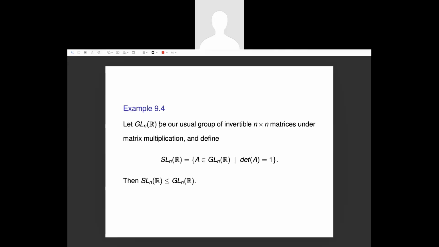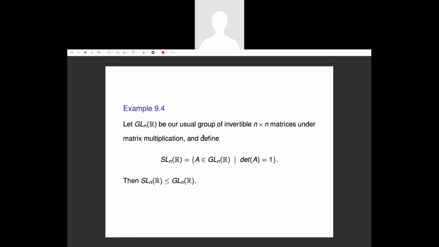Clearly SLnR is a subset of GLnR, because GLnR is a collection of all invertible matrices where determinant of A is not equal to 0, but SLnR is a collection of those matrices where determinant of A is equal to 1.